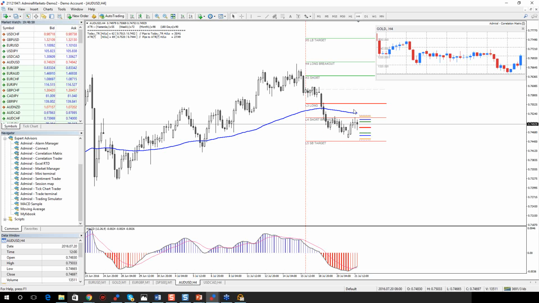This is good advice. Let's say that we want to trade Australian dollar and we watch gold. Now, if you see that gold is moving, but Australian dollar is not moving, and you have a buy signal for Australian dollar, what would you do?